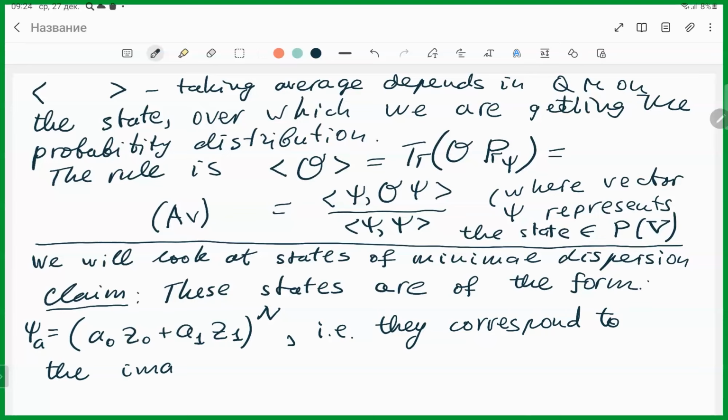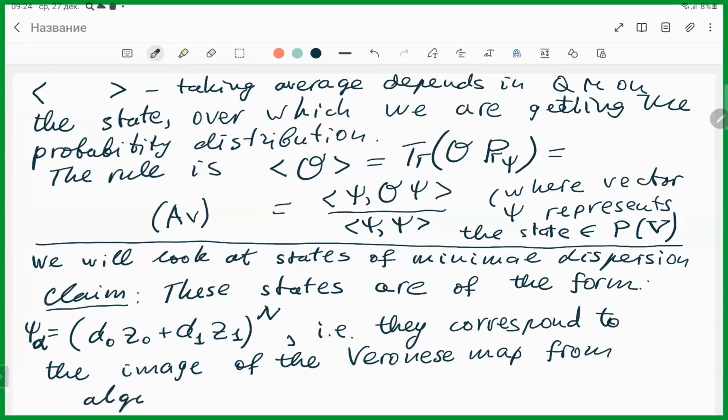I already used this A, but you will not mix this A with that A, I hope. It will be better to put alpha. It corresponds to the image of the Veronese map from algebraic geometry.